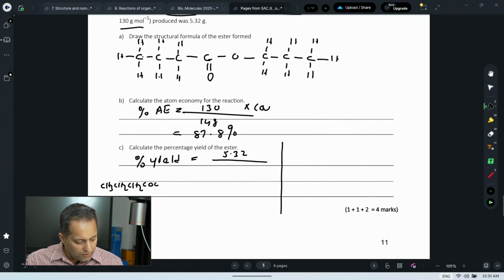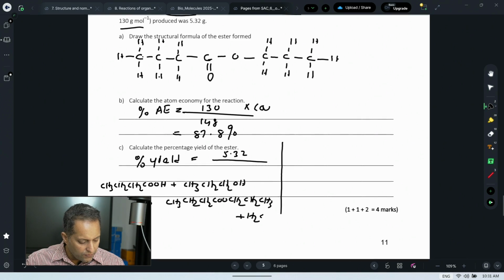Butanoic acid plus propanol will make propyl butanoate plus water, right? Propyl butanoate plus water.